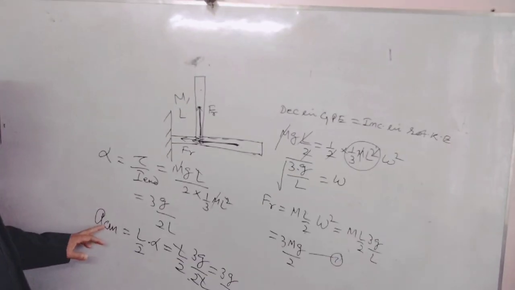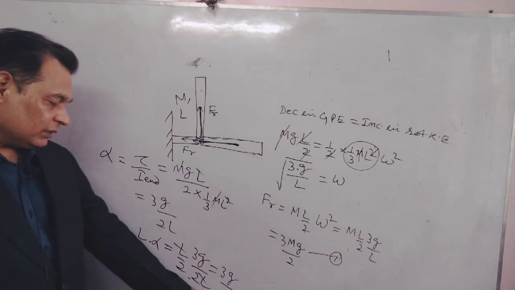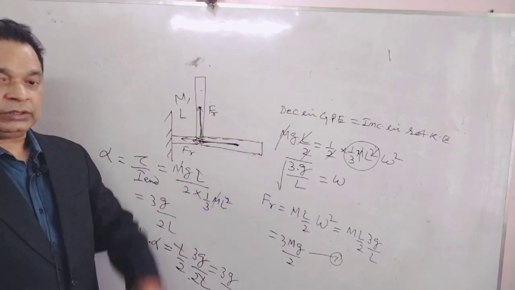That's the linear acceleration of the center of mass when the rod is horizontal.